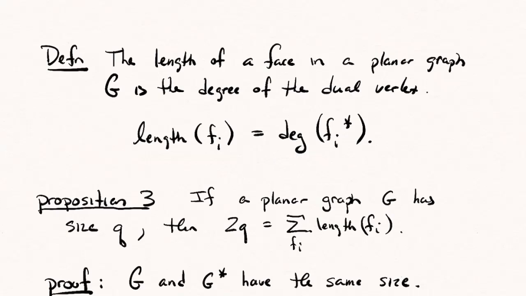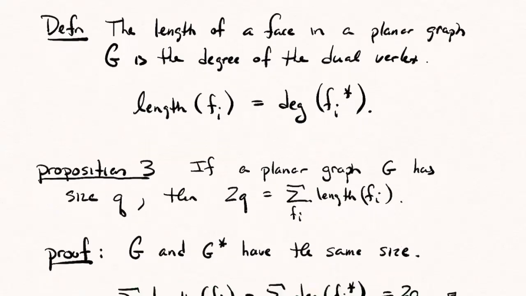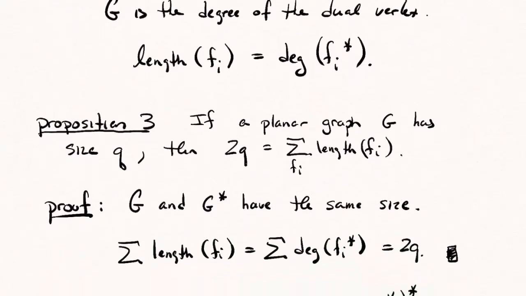It's an equivalent definition. If we remember some things we know about vertex degree sums, then we can get this proposition. We have actually already used this idea: in a planar graph G of size Q, if you sum the lengths of all the faces, you'll always get twice the number of edges.